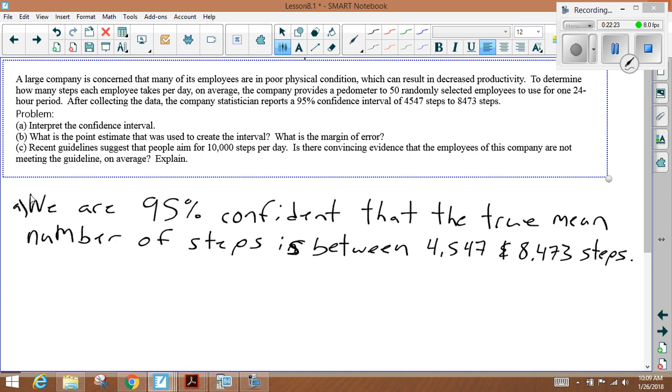Cool. The book adds 'for employees at this company.' I don't know if that's necessary or not. I think it's in context. We're talking about steps.